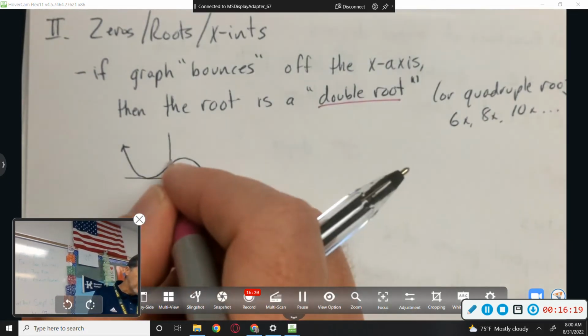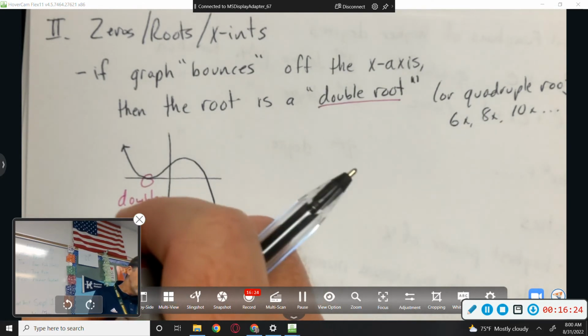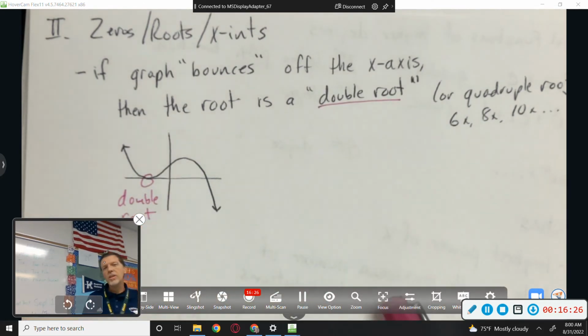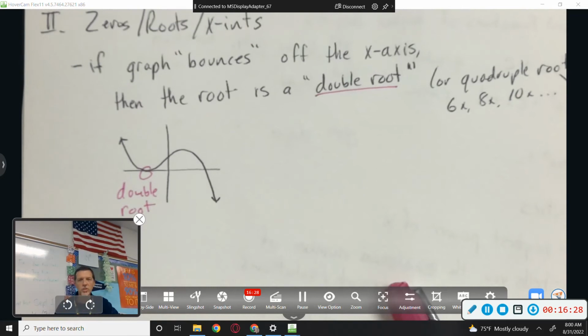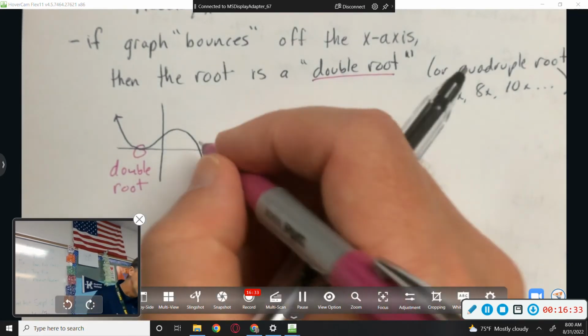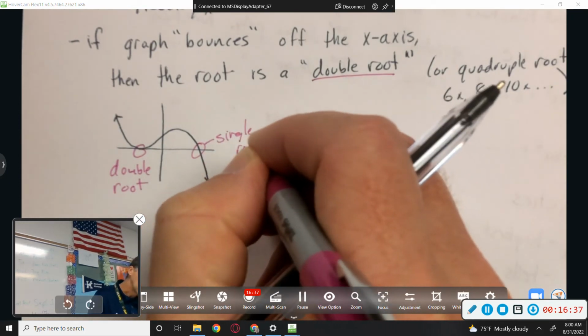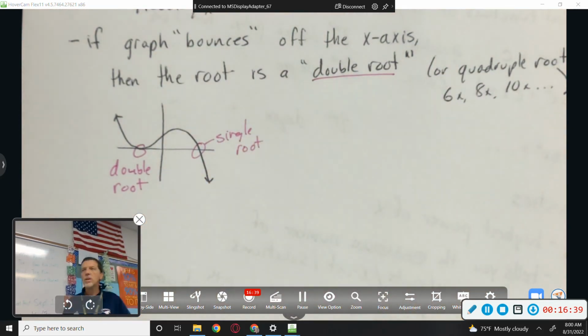If it just touches and bounces, that's a double root. And with only that simple picture, I suppose it could be a quadruple root, but most of the time it's just going to be double. If it crosses, it's a single root. So that's one answer. That's sort of what we're used to.